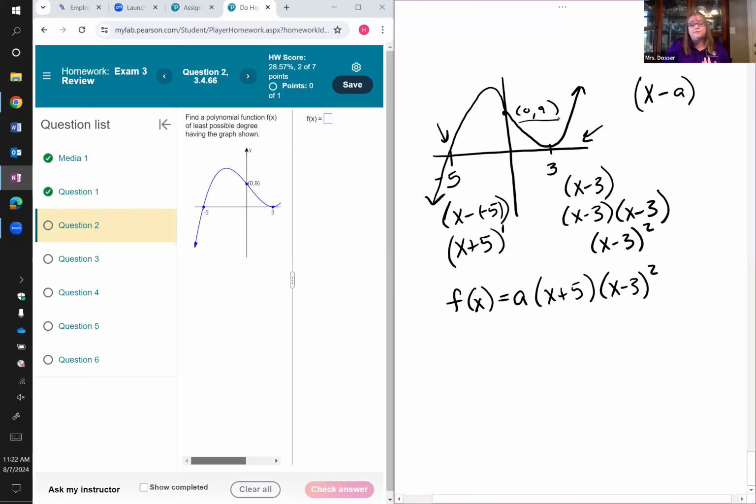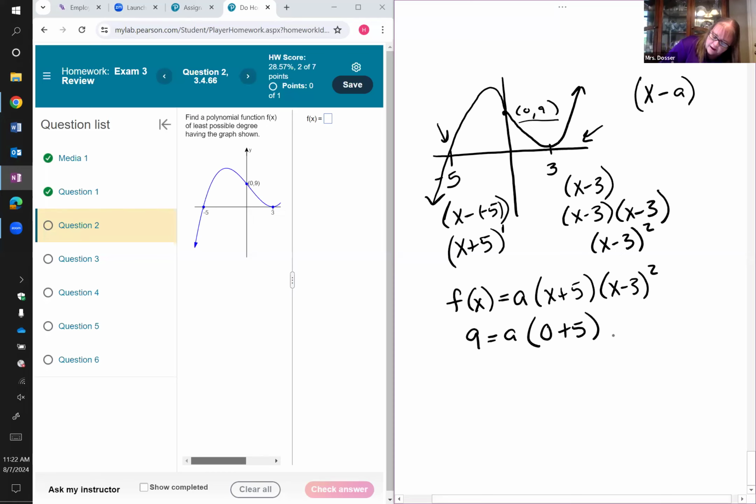And so that tells us that for this graph, when x is 0, y is 9. So we can plug in 0 for x and 9 for y. And when we do, the only variable we'll have is the a, the leading coefficient. And so we can solve for that to determine what the leading coefficient is. So we're going to plug in 9 for y is equal to a times, and then we're plugging in 0 for x.